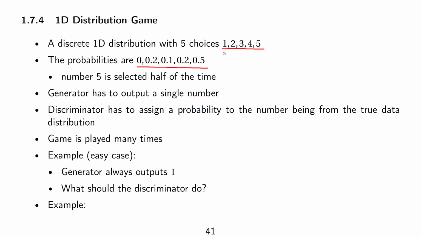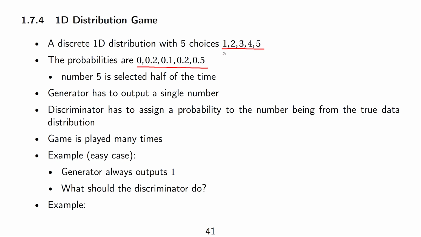The discriminator has to assign a probability to the number being from the true data distribution or being fake. So 1 is the highest probability, 0 is the lowest probability. We'll think of one round here as the generator generating one output, and this game is played many, many times.